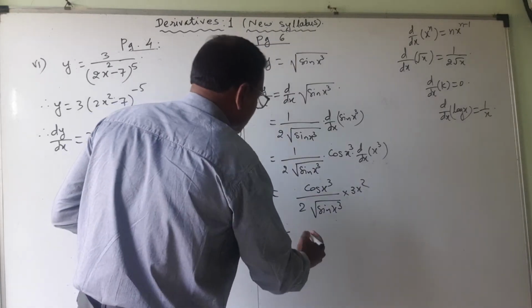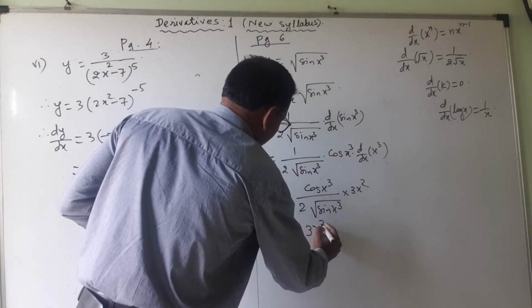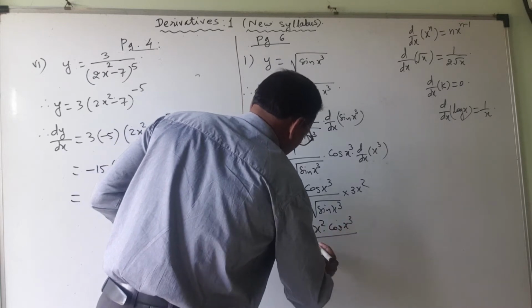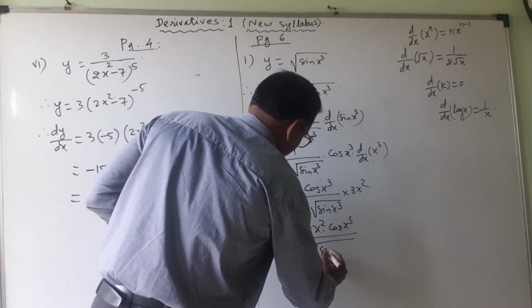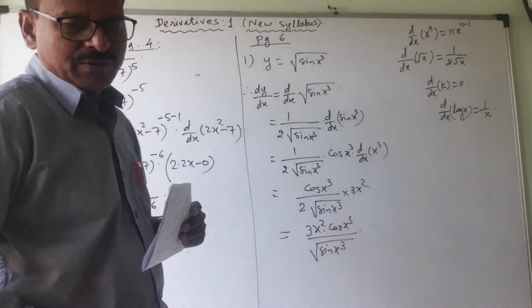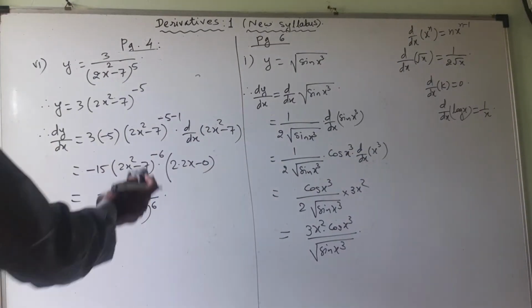So the overall answer will be 3x square cos of x cube upon under root of sine of x cube. So this is the final answer for this.